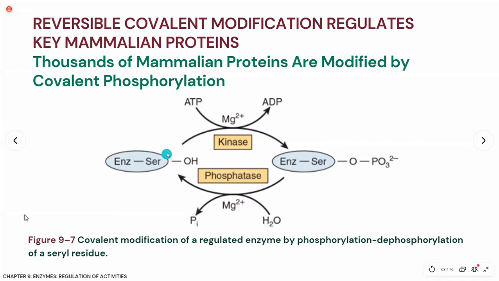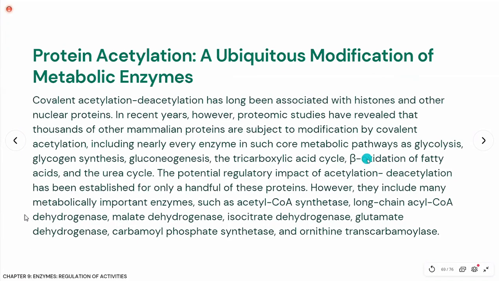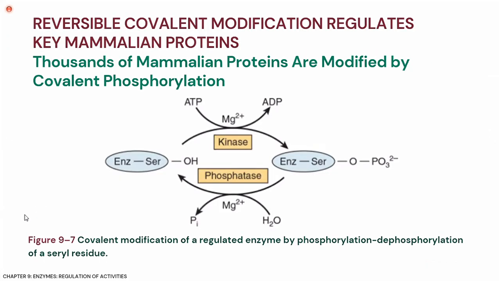Now, we do not know whether this particular enzyme, when a phosphate is added, becomes active or inactive. So it either becomes active or inactive. Let us say that it becomes active with a phosphate. It is reverted to inactivity by removing the phosphate.